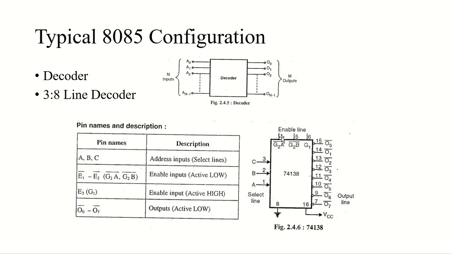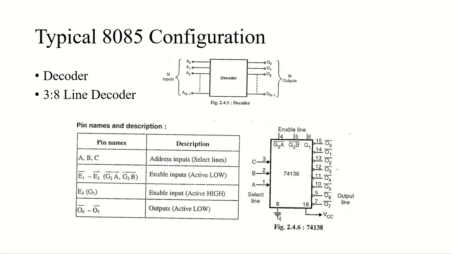Then there is G1, enable line 6, not 5, which is the enable input that remains active high. And then we have the active low outputs from O0 to O7. Then we have VCC for the supply voltage, and there is a ground, which we find generally in most chips.